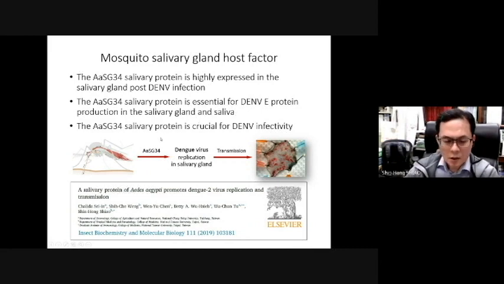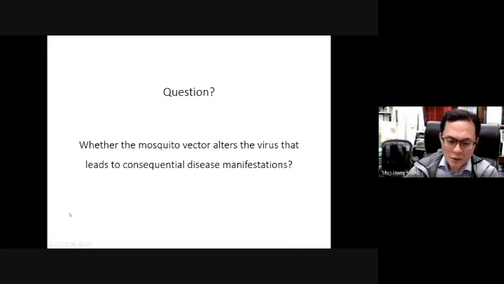And then at the end, we demonstrated that this salivary protein ASG34 is critical for dengue virus transmission. And this data has been published in 2019. But however, there are still questions related to mosquito virus interaction.